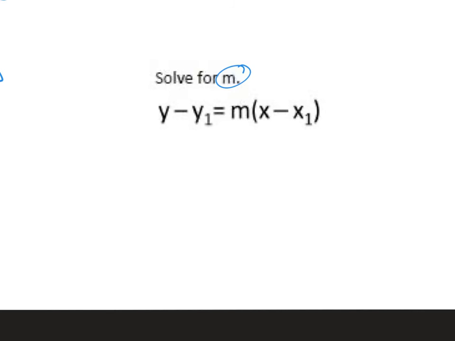Easy. Okay. I divide. I'm going to divide both sides of this equal sign, because we still do the same thing to both sides, by x minus x sub 1, that quantity. Again, we don't need to really even worry about right now what that means.